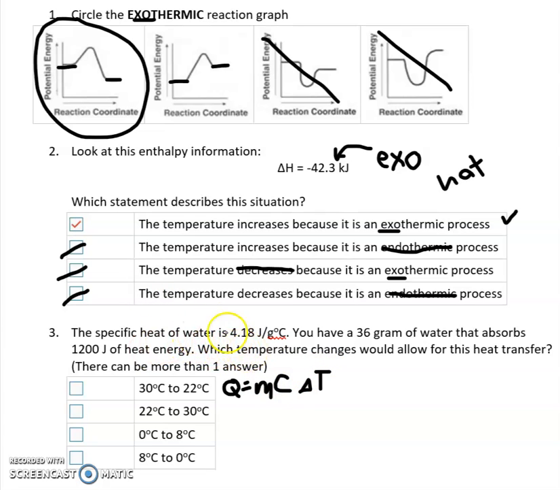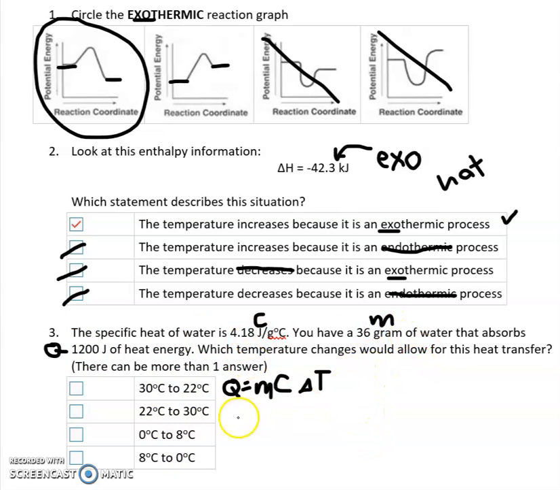The specific heat of water is this, so this is my C. You have 36 grams of water, so this is my M, that absorb this amount of heat, and this is my Q. Boom. So I have the Q, the M, and the C, but the question is asking me about delta T, and it's saying which one of these will work with my formula given all of these different information.